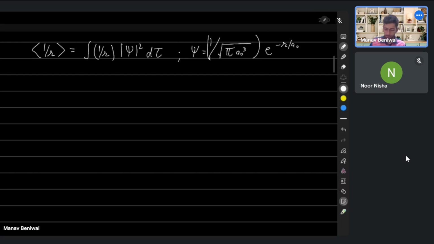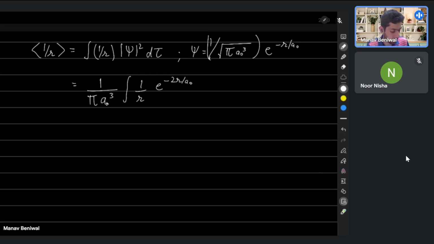Now when we take the square of this, the under root will vanish, and this is a constant, so we will take it outside the integral, and inside we will have 1 over r, and then exponential, because we take the square, it will become 2r by a naught.